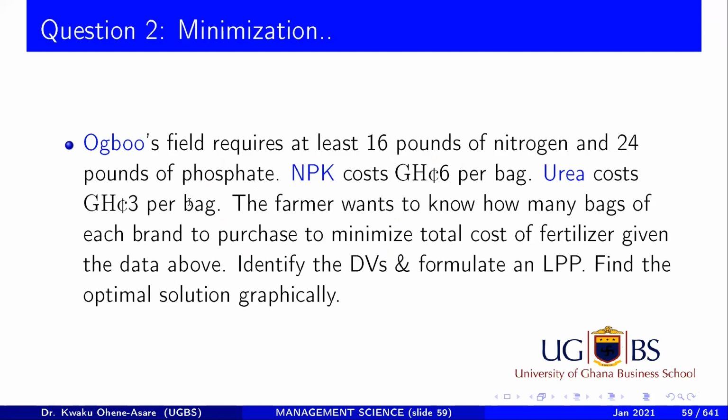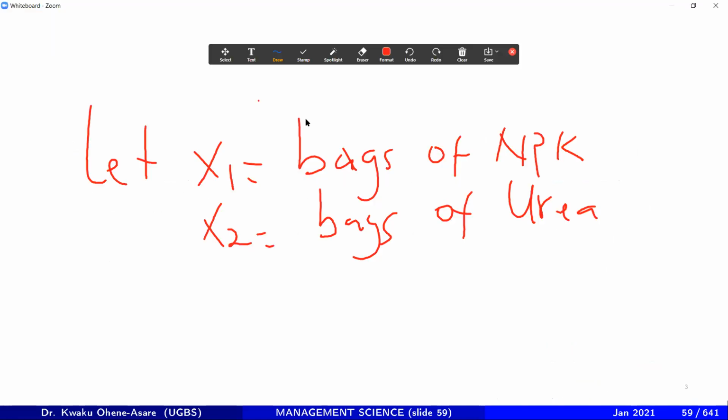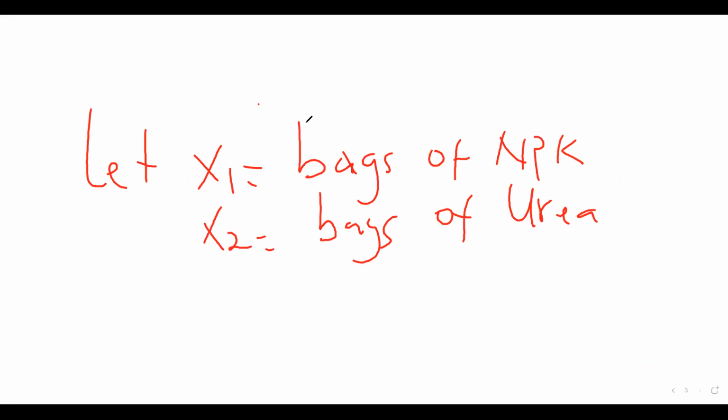Looking at the content, that C1 and that C2 are numbers that will always be given to you, and you have to know them. So how will you proceed, Michael? Yeah, Doc, I want to give that a try. So it will be Z minimize equals 6, which is for the number of bags for the NPK.